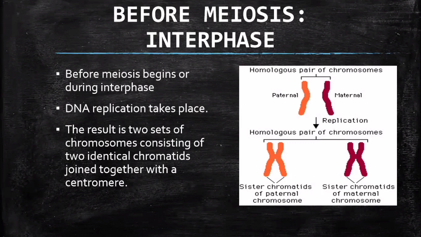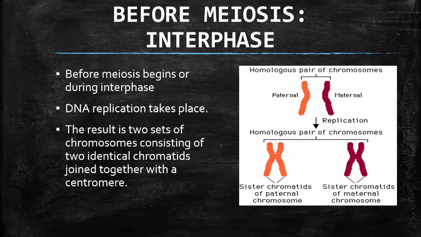They have the same type of gene, located at the same place. What I mean by the same type of gene is, for example, a gene coding for eye color, or a gene coding for hair color or hair texture, and so forth.